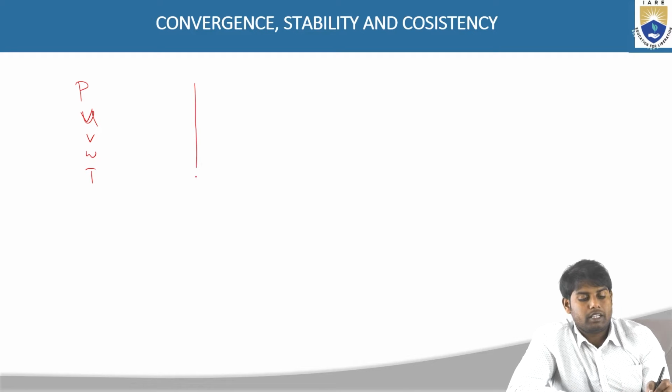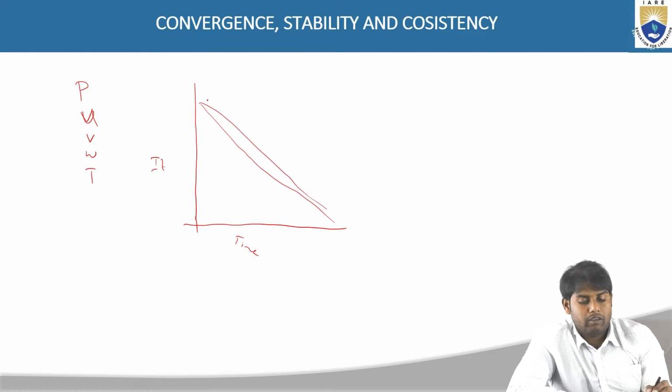So let us talk in general. So for the iterations, let's say you have the time. Here as the time progresses, the iteration number increases. So what happens? The convergence criteria, whatever we need to see, we have to see it actually.